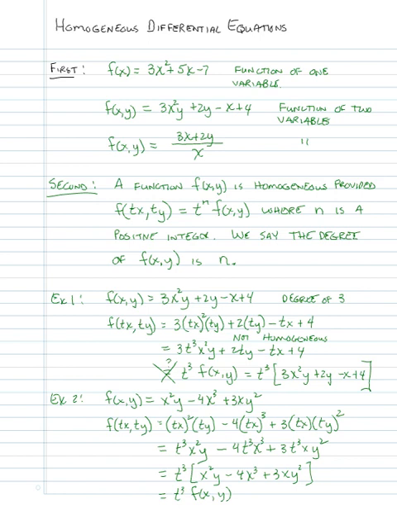And so this is, in fact, from our definition above, a function is homogeneous if f of tx comma ty is t to some power times the original function f of xy. So this is homogeneous.